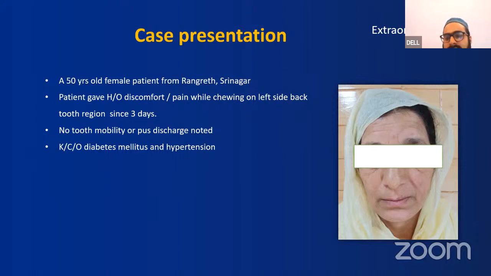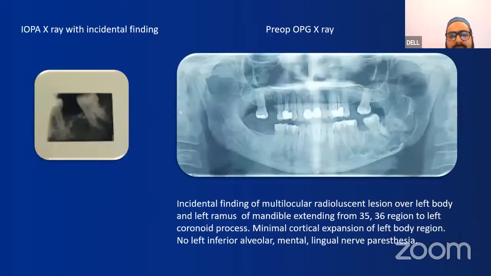There was no extraoral swelling. The patient didn't know that he had ameloblastoma. It was just an incidental finding on the IOPA, with a well defined radiolucency just below the third molar region.